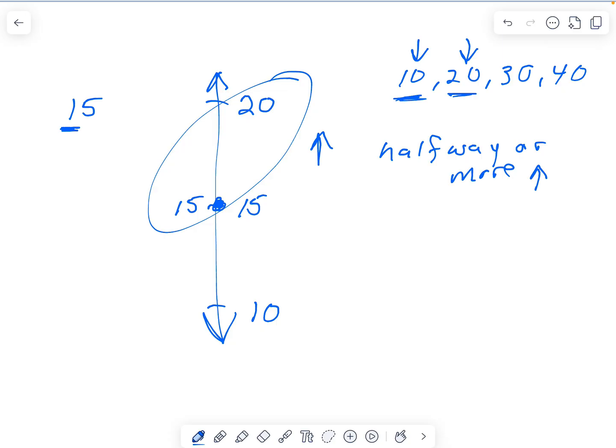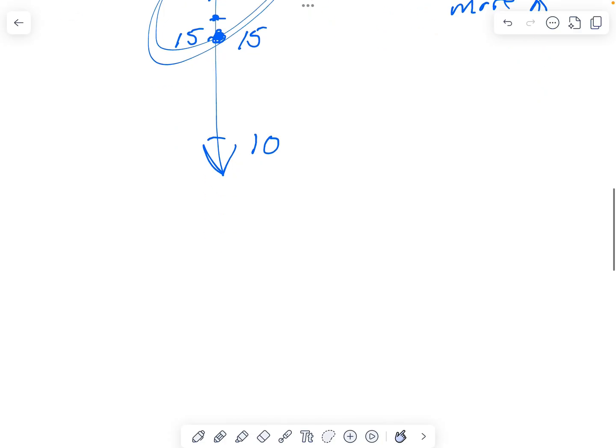So if it's halfway or more, in this example, 15, 16, 17, 18, 19 would all round to 20. One other situation that we're going to talk about is if it is a multiple of 10. Let's say we are rounding the number 30 to the nearest 10.